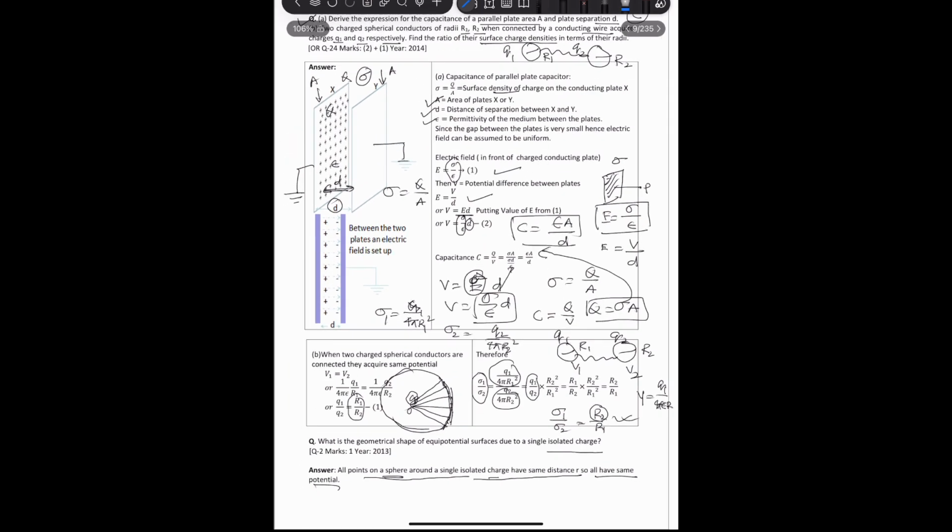This is possible, all points having the same potential if they are equidistant from the charged point. So this is the charge here at O, so they should be at a distance equal to its radius. So an equipotential surface in 3 dimensions will be a shell sort of thing, having the same potential. So for a single isolated charge, radius is the same, therefore a sphere is the actual equipotential surface.